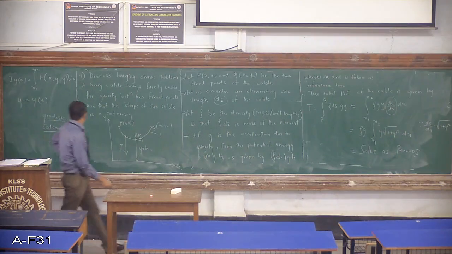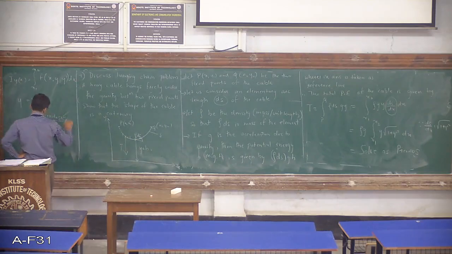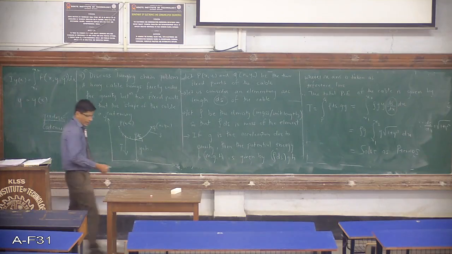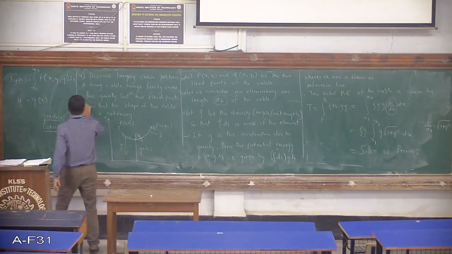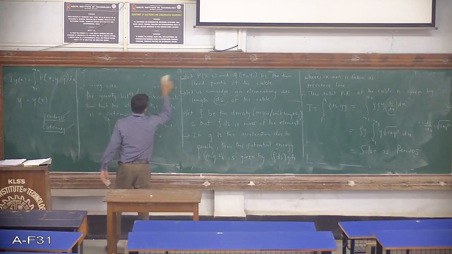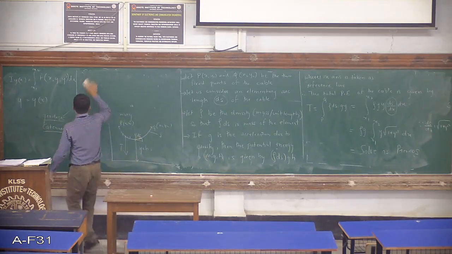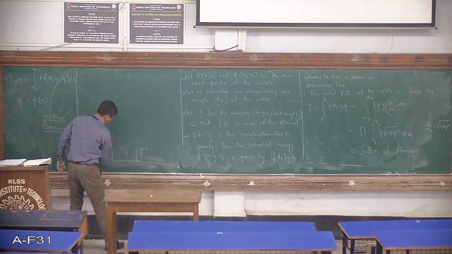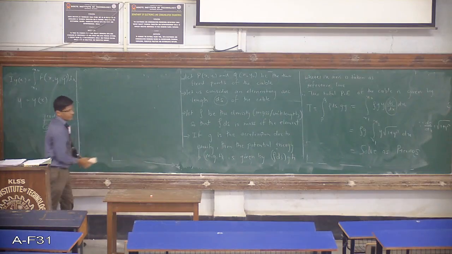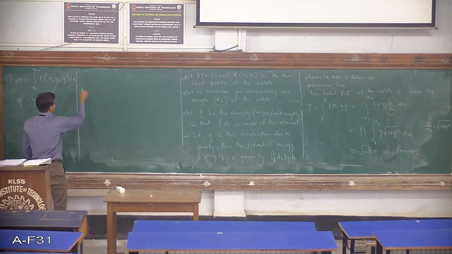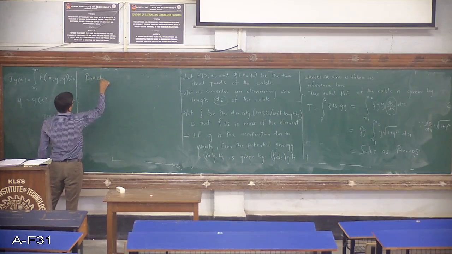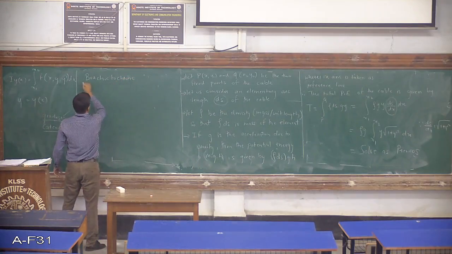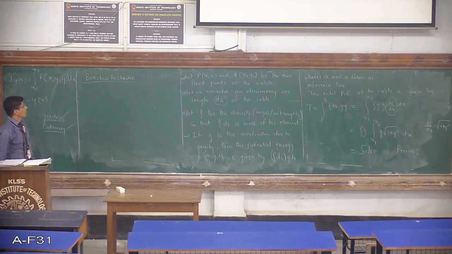Okay, fine. So geodesic problems are over, catenary problems are over, then we shall see one more important and interesting application of calculus of variation, that is the brachistochrone problem.